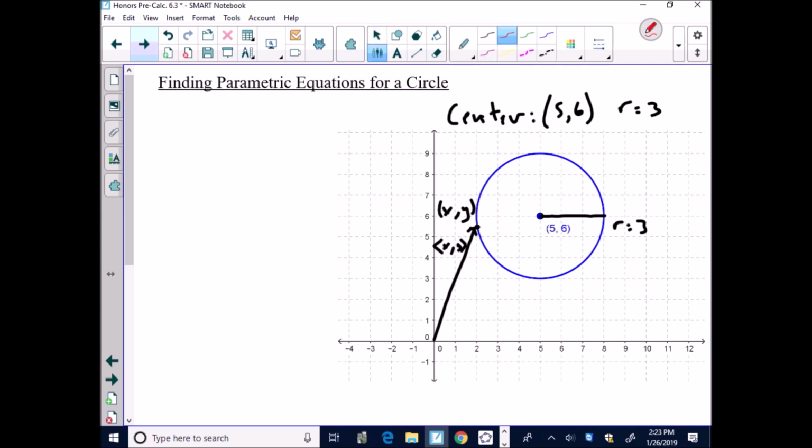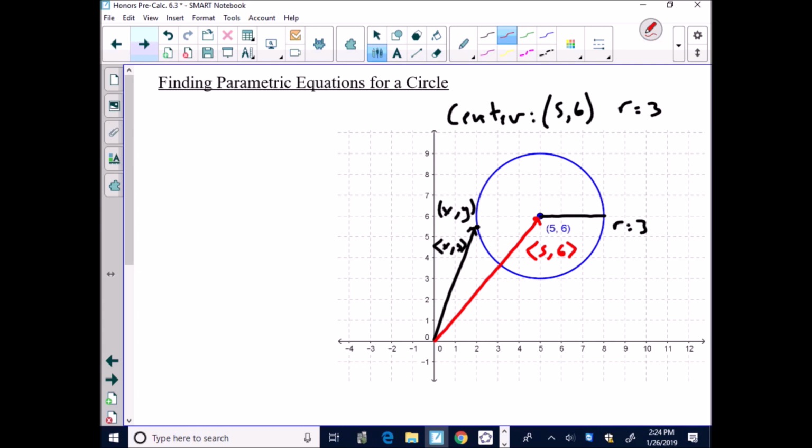Now what we're going to do next is extend a vector with standard representation from the origin to the center of our circle. And we're going to have that vector as <5, 6>, since it's extending to the ordered pair at the center, (5, 6).